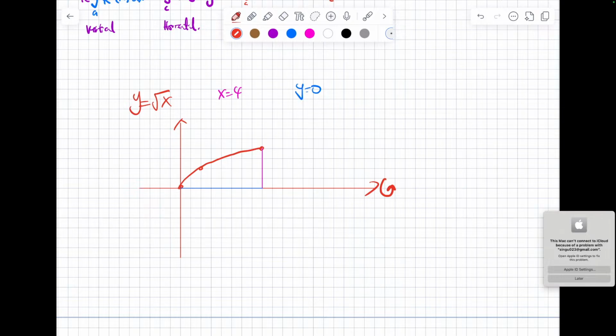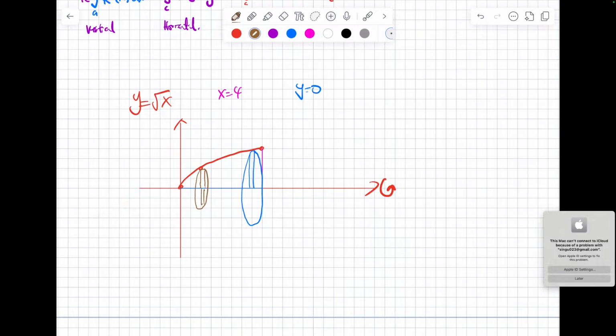Is that okay? So for example, if you have a disc right here, this disc is going to look much bigger compared to this disc here. Does that make sense?